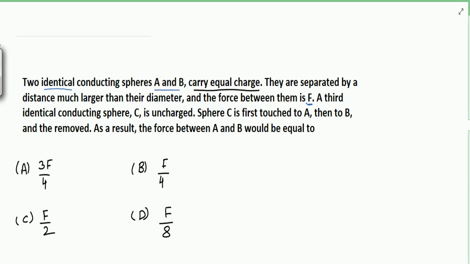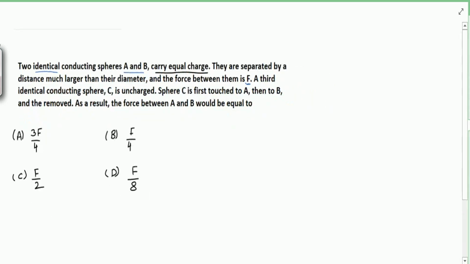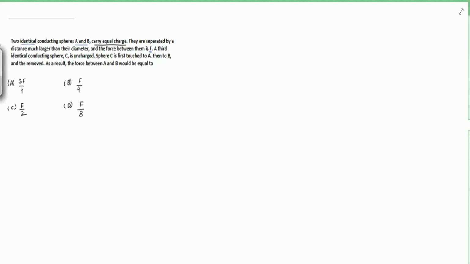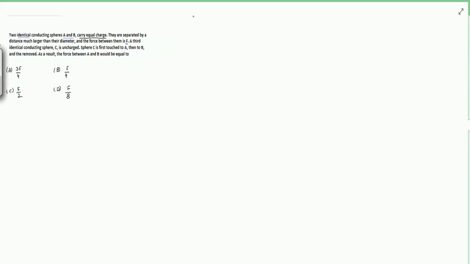Let us first understand what the problem is here. There are two spheres with equal charge. Suppose this is my conducting sphere A and conducting sphere B, and both have charge Q. They are separated by a distance much larger than their radius, so they can be considered as point charges.